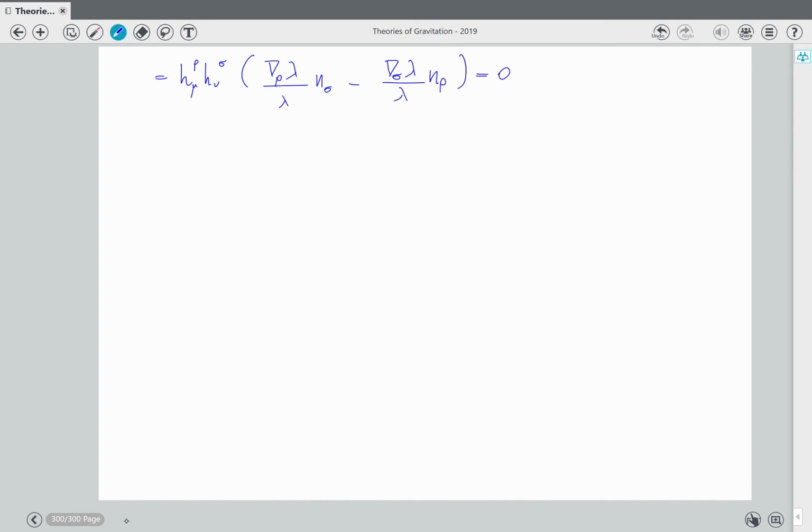But that is 0, because h contracted with n we saw is 0. And we have two h's. That's why the formula with the two h's is useful, because either of them is contracted with an n in this formula, so that gives 0. So the extrinsic curvature is symmetric.